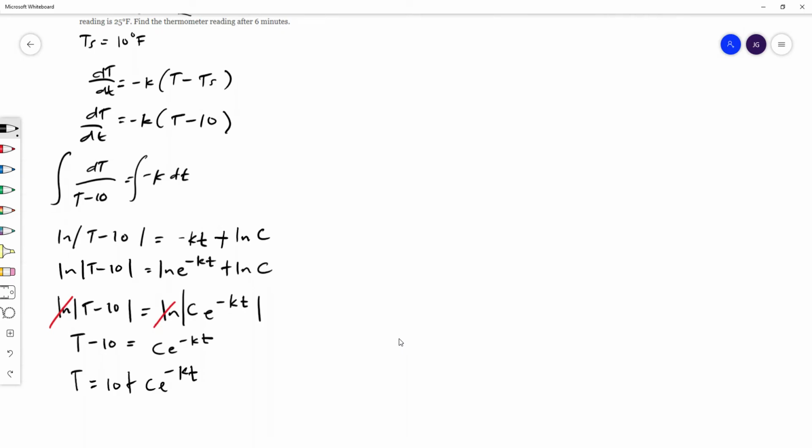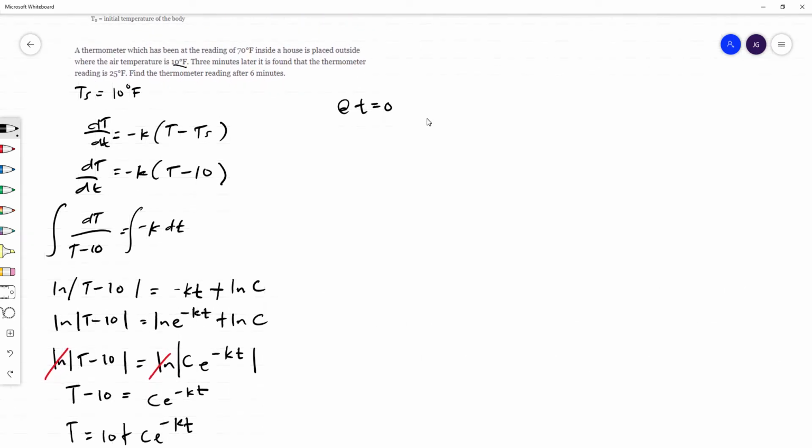And after this one, from our time is equal to 0, we have a temperature reading of T is equal to 70 degrees Fahrenheit.